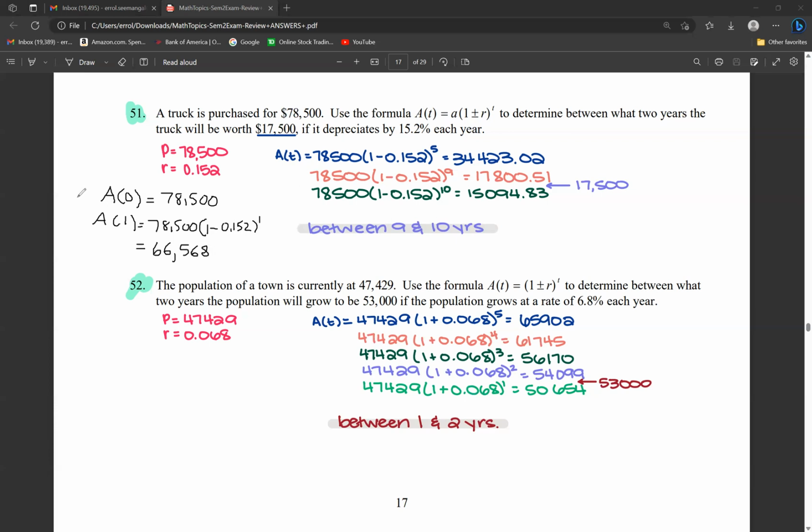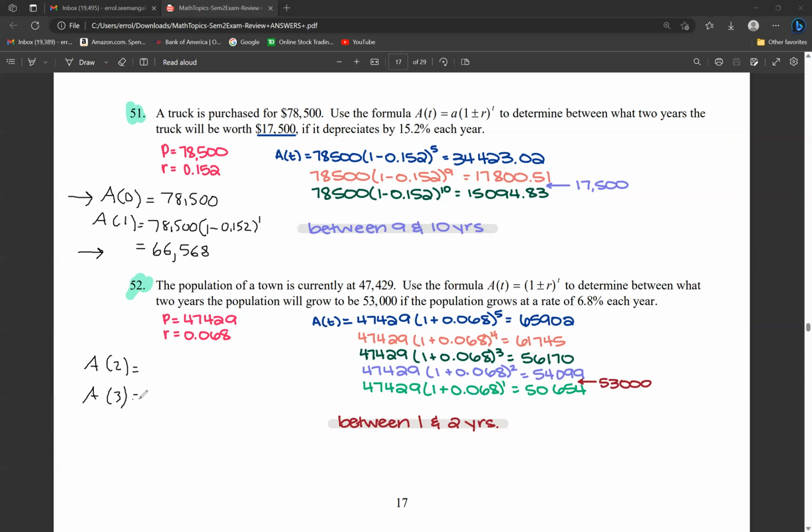Okay, so look, in the initial year you just bought it, it's worth 78,500. One year later, it's worth 66,568. Now you could do the same thing for A2 and A3, right? You can find A2, you can find A3.